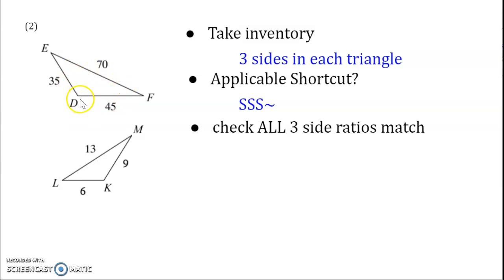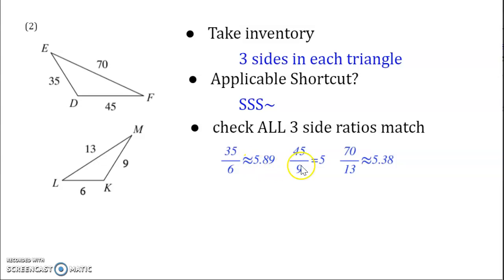The shortest side in this triangle is 35. So matching 6 with 35, 35 over 6 is approximately 5.89. Matching the middle, 45 and 9, 45 divided by 9 is 5, and 70 over 13 is 5.38.